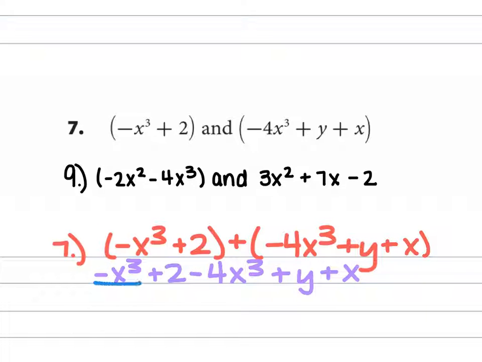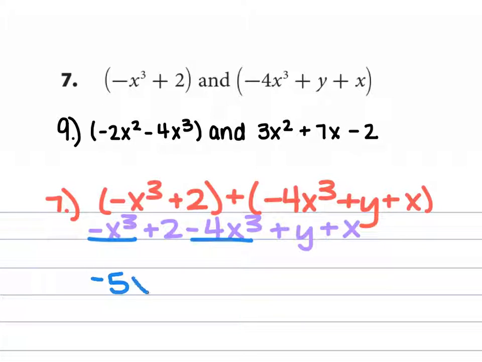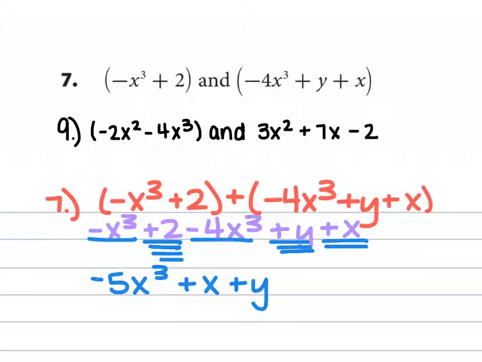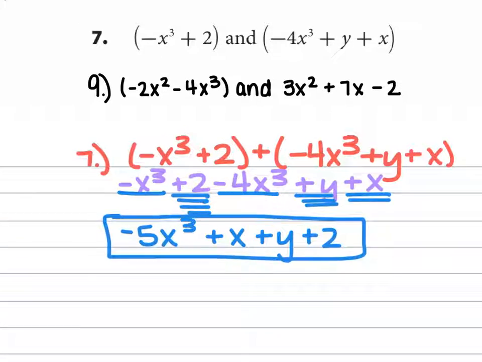Your like terms, negative x cubed minus 4x cubed, is going to be negative 5x cubed. That x doesn't match up with another x, so just put it down. That y doesn't match up with another y, so put that down. And that 2 doesn't match up with another constant, so just rewrite that. So we're going to have negative 5x cubed plus x plus y plus 2.